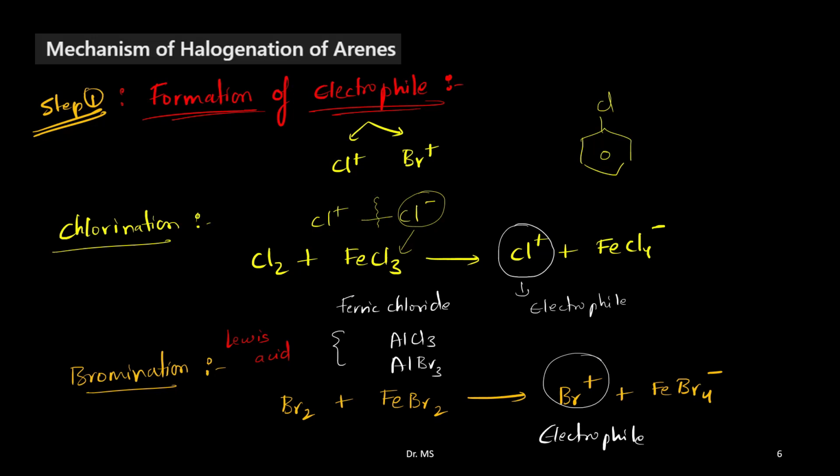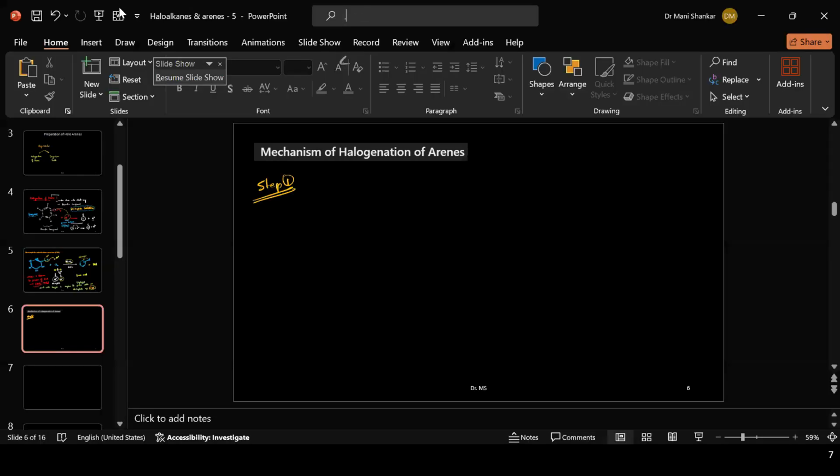Okay. Yeah. So next one, step two, is somewhat complicated. We call this one the electrophilic attack. So where is this electrophile attacking? This is said to be the electrophilic attack on the aromatic ring.